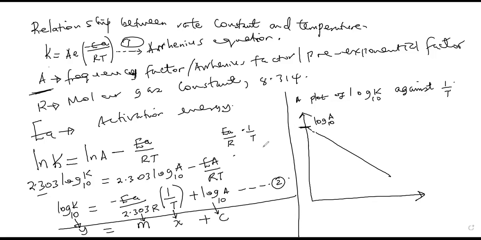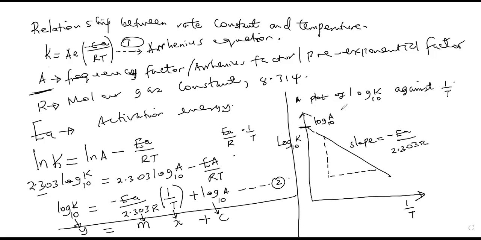Then remember, we plotted the log 10 of K against 1 over T. Now this one can give you the slope, which we said is equal to negative EA out of 2.303 R.